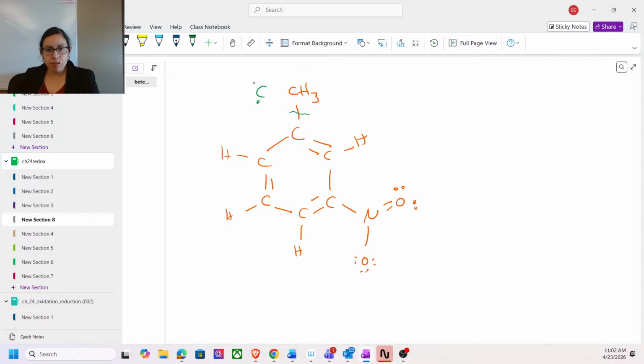So it gets half from this one, then 1, 2, 3, 4, 5, 6. So what do we get for our oxidation state of this carbon in our methyl group? 4 minus 1, 2, 3, 4, 5, 6, 7. So what does that give us?